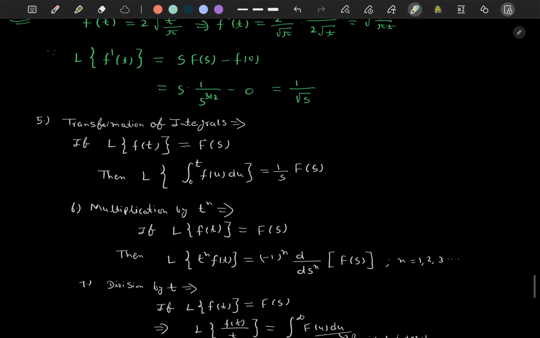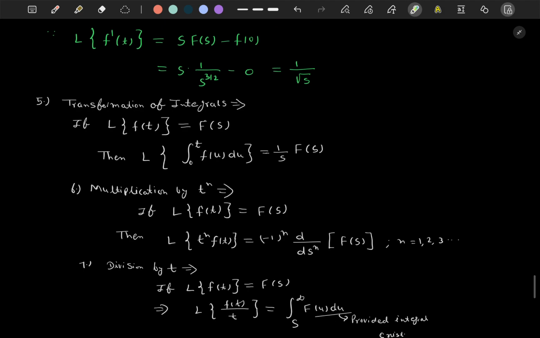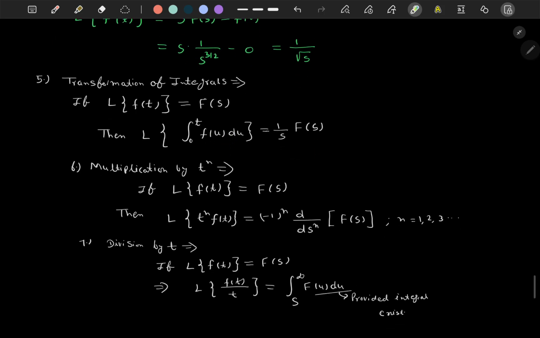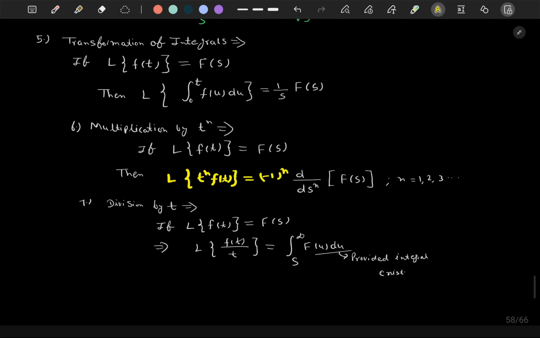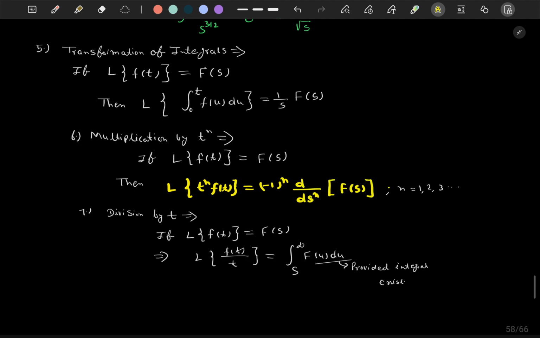Okay. Now transformation of integrals. If the Laplace transformation given to us is this, then the Laplace transformation of the integral of our main function f of u du will be 1 by s F of s. If t raised to n multiplies with the function, then it is very important. What we are left with is minus 1 raised to the power n, d n by ds n of F of s, right?